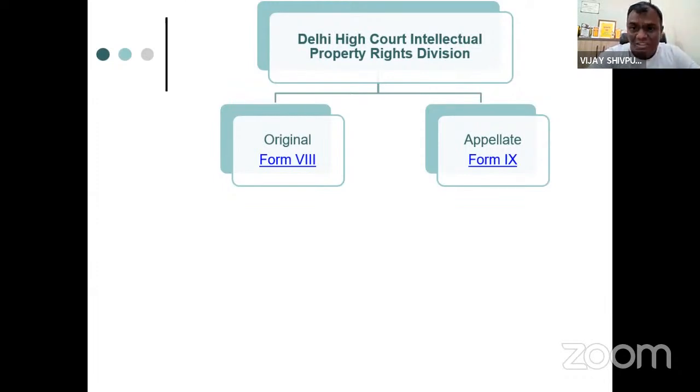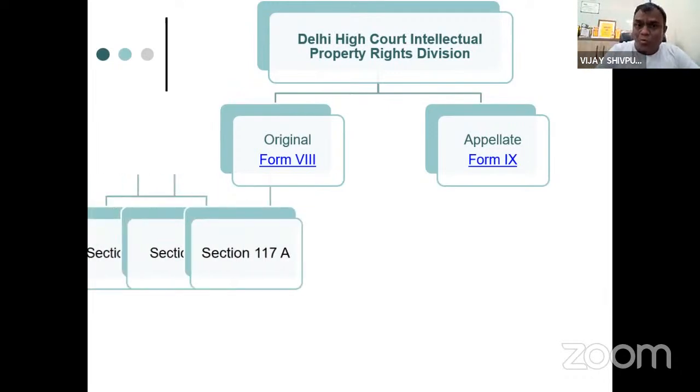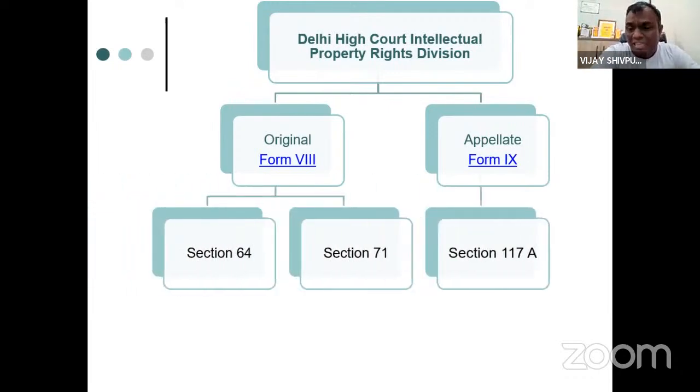Original means the first case is filed in the Delhi High Court Intellectual Property Rights Division. That is under only two sections: section 64, which is for revocation, and section 71, wherein the IPAB had the authority to make changes in the register of patent.